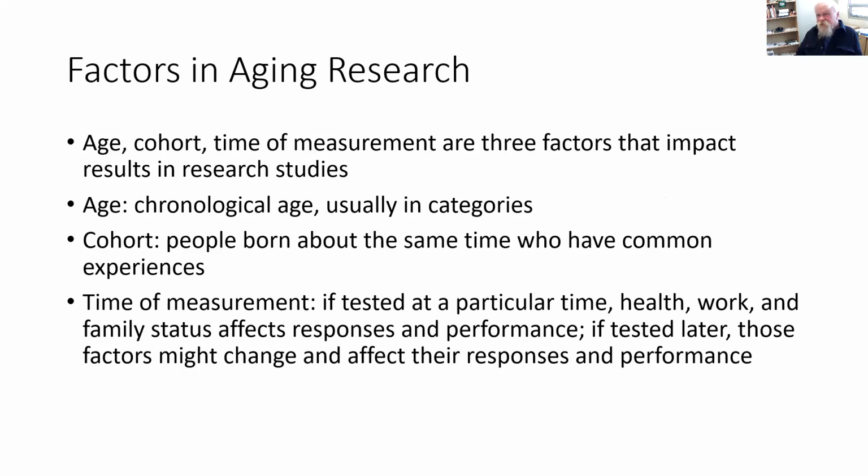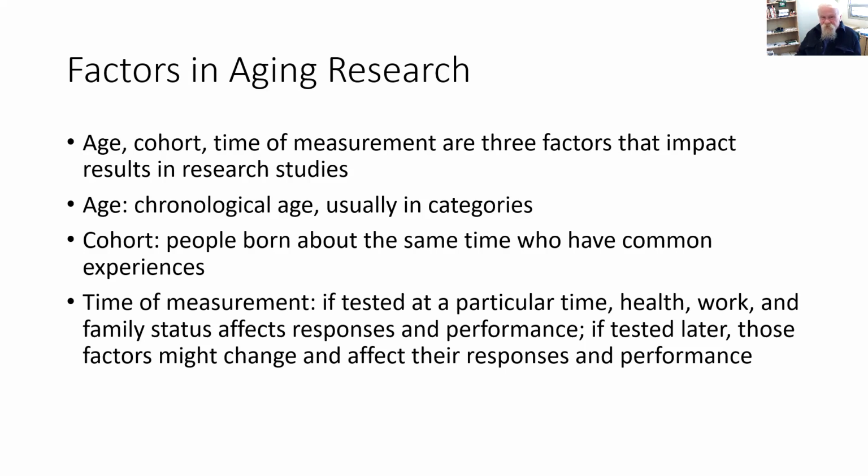A factor could be age, a factor could be a cohort, or a factor could be a time of measurement problem, and these impact the results in research studies. You can think of age in categories, your chronological age, usually young, middle, or older adult, depending on the range of ages that you include in each of those categories.